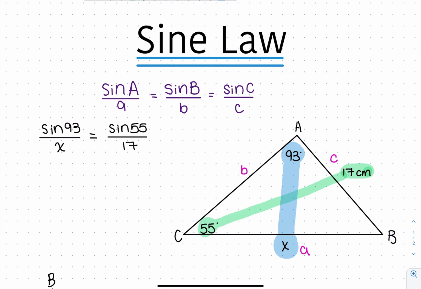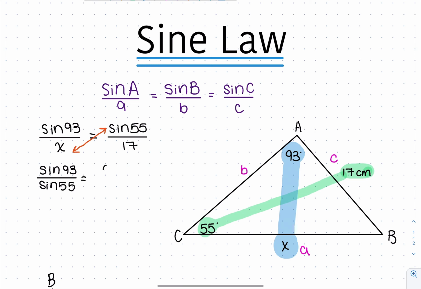Okay, so now we have one variable that we need to solve for. So to get x on the side by itself, what can I do? Well, first, why don't we cross multiply these two? X will be brought up, and sine 55 will be brought down. So it'll leave us with sine of 93 all over sine of 55.